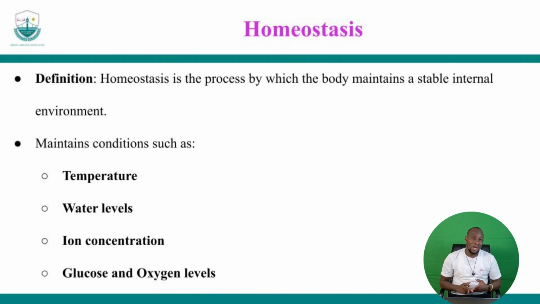You also have the amount of water, which has to be kept within a particular range. In this case, the factor that we are talking about is change in temperature.